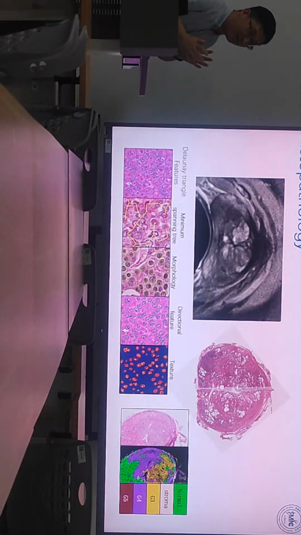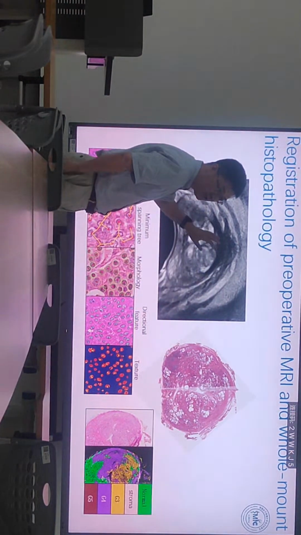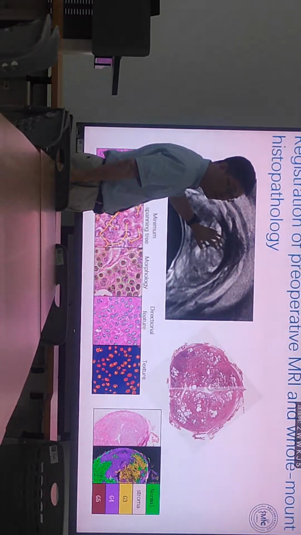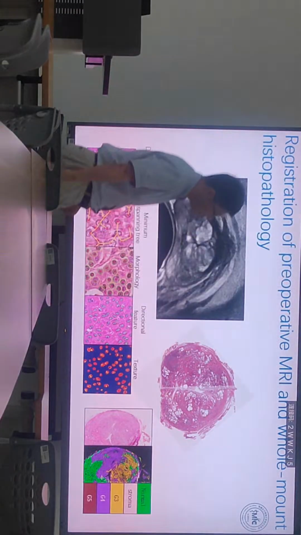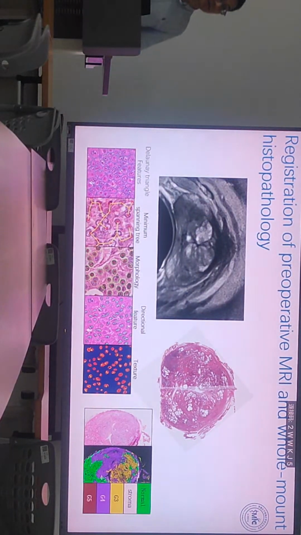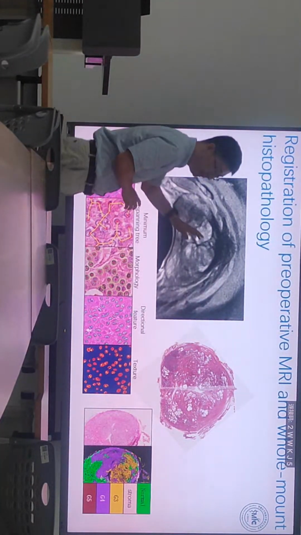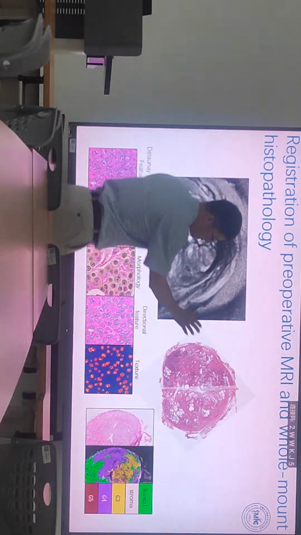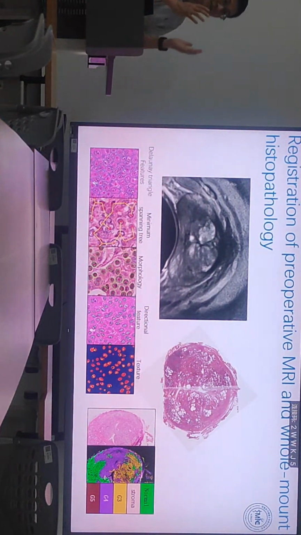After registration, we can analyze the different modalities, because this modality reflects the macro scale of the disease, and this reflects the microscopic scale of the disease. Currently, radiology is read visually, and pathology is read visually. Actually, they reflect the disease from different angles.